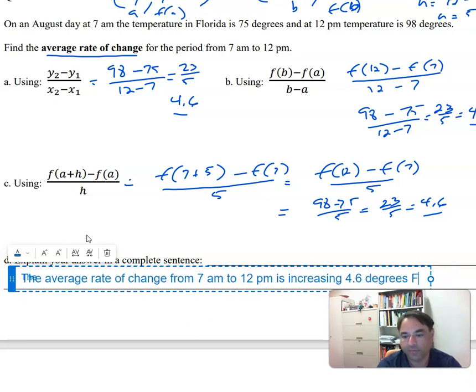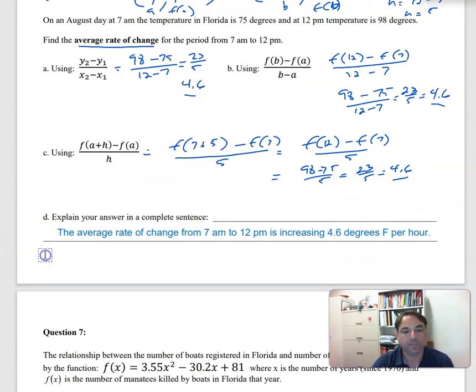Let's put it for now, degrees Fahrenheit per hour. So we can squeeze that in there. Okay. So the average rate of change from 7 a.m. to 12 p.m. is increasing 4.6 degrees Fahrenheit per hour.